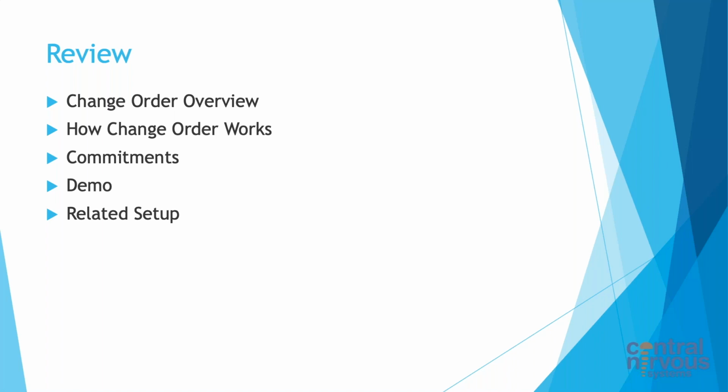Talked about commitments and making changes to commitments from the change order. How to look in the system at how different versions of the change orders can be added in there, and talked about the related setup of the KPI as well as the approval map.